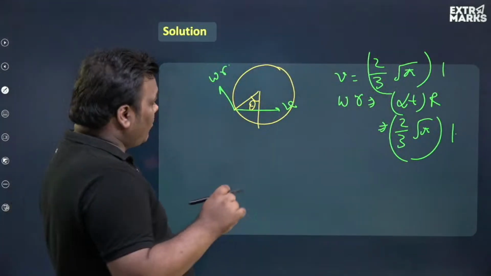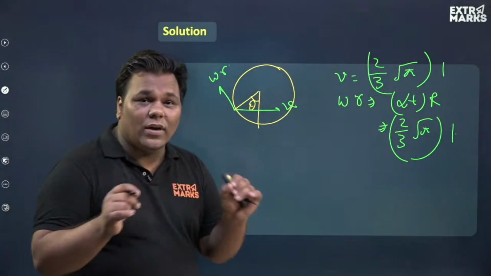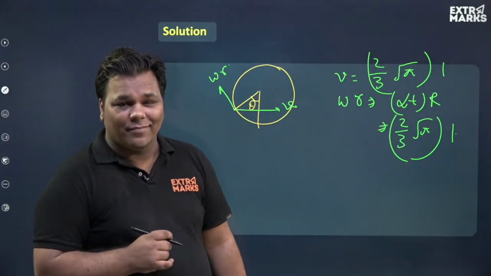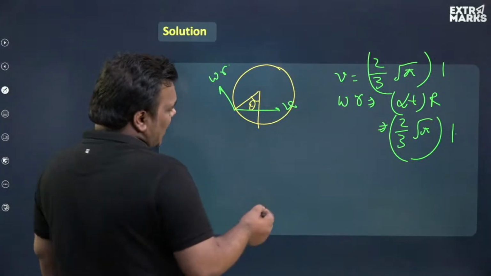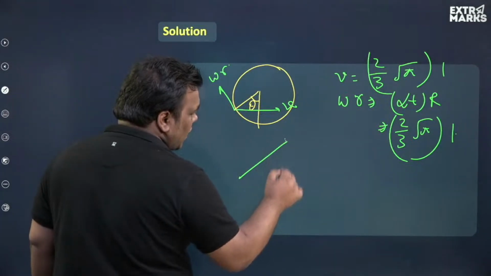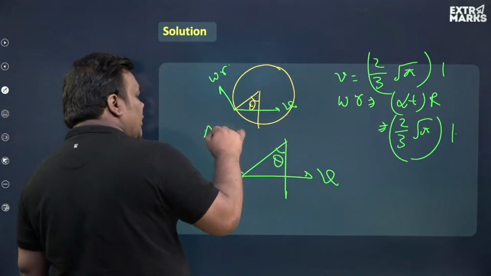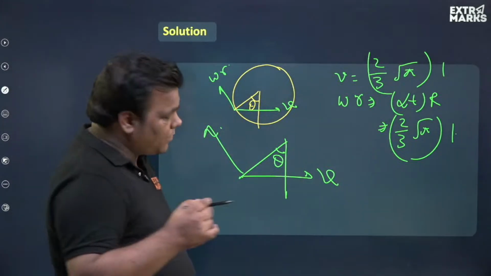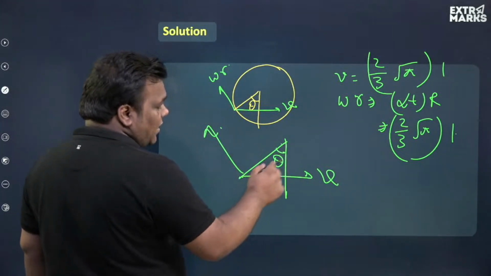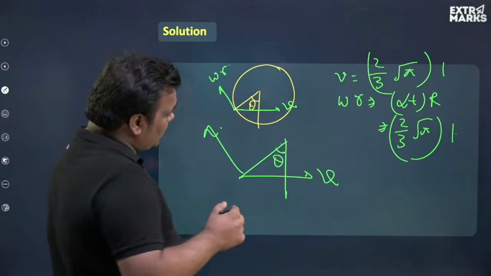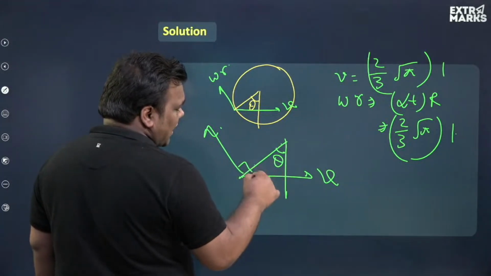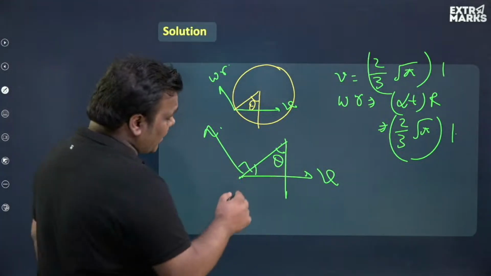Okay, but the point is, sir, how can we calculate the resultant of both of them? There must be some method, right? Yes, there is a simple method, if you have studied rotation. This angle is theta, and this particle travels like that. So we can easily calculate: this is 90, this is theta, so 90 minus theta.